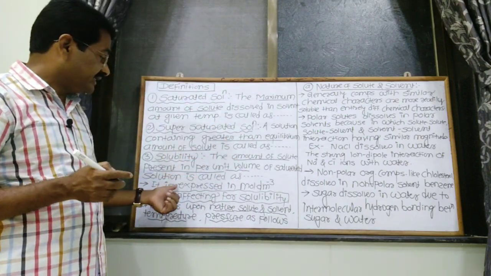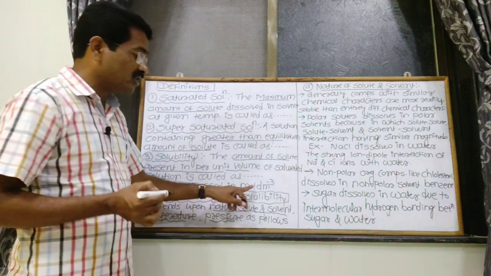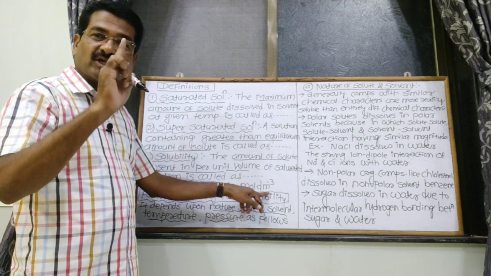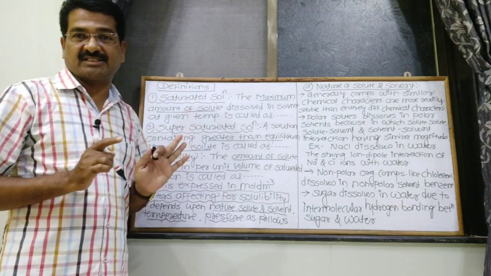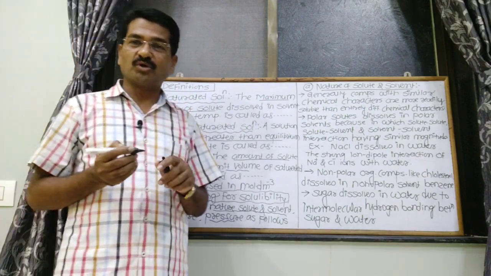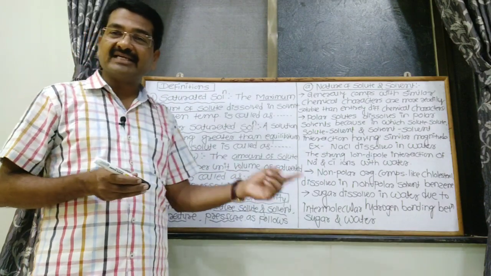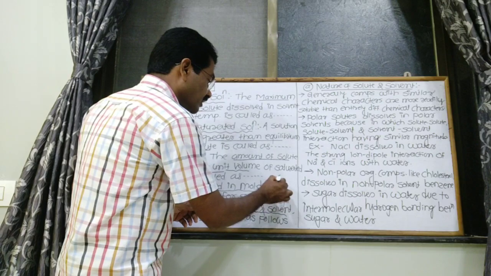This solubility can be expressed in moles per dm cube. This indicates, in 1 liter of solution, how many moles of solute can be present. So it can be indicated as moles per dm cube or moles per liter.